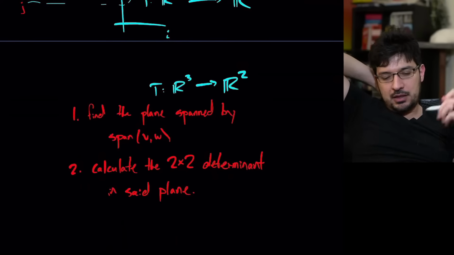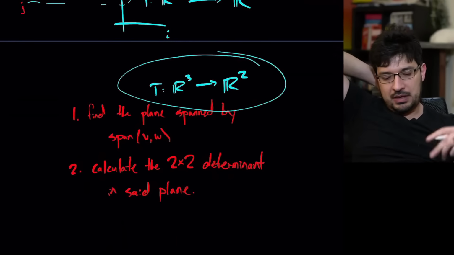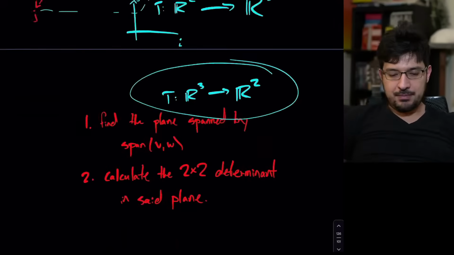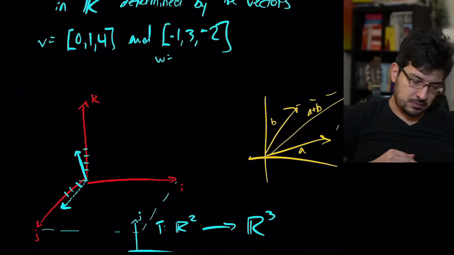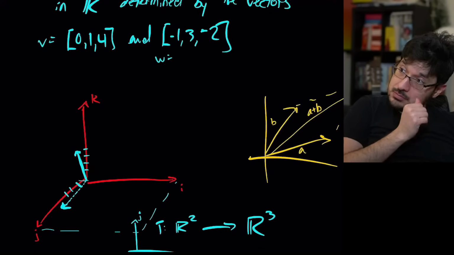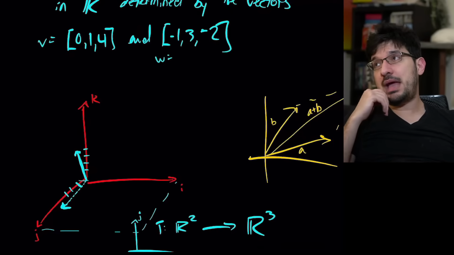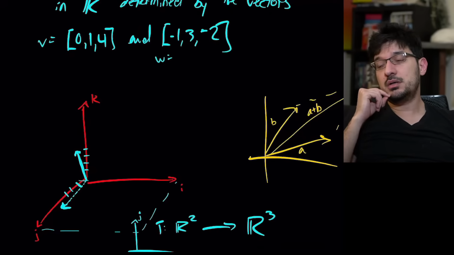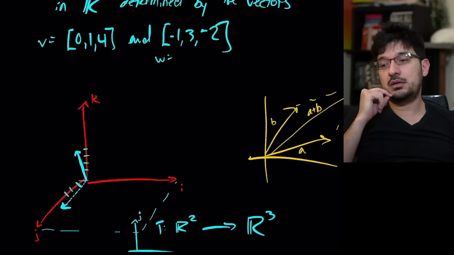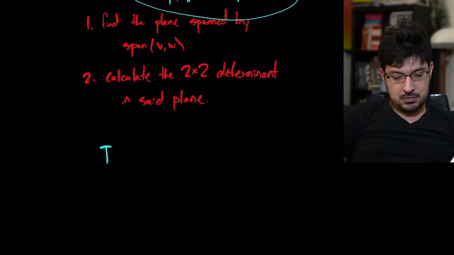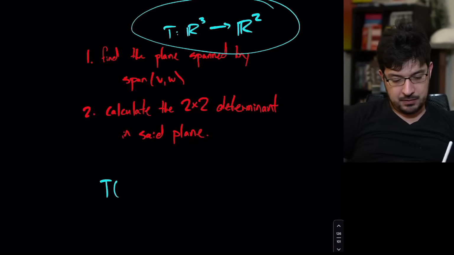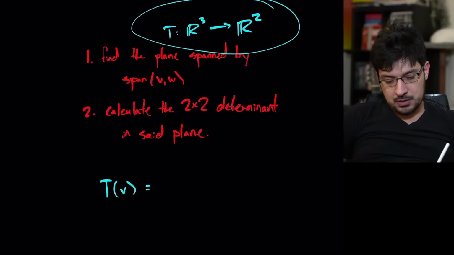I think I'm pretty close with this idea, because if I find a linear transformation that maps these two vectors to R2, then T of V would be some new vector v1 prime, v2 prime.